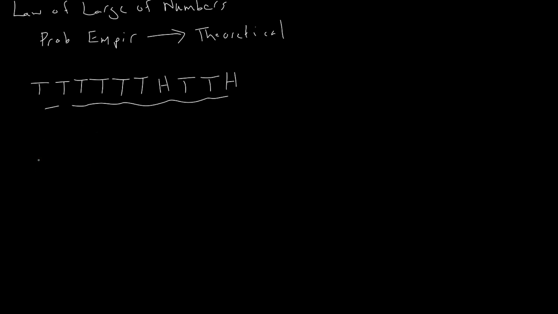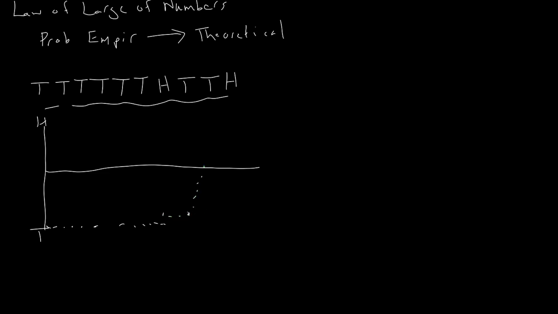And so this law of large numbers goes like this, right? So if this is heads and this is tails, and this is the relative frequency of this, well, as I start this experiment, it's 100% tails. And then I get one heads, and then I get a couple more tails, and I get another head.